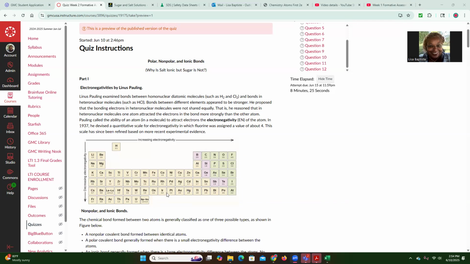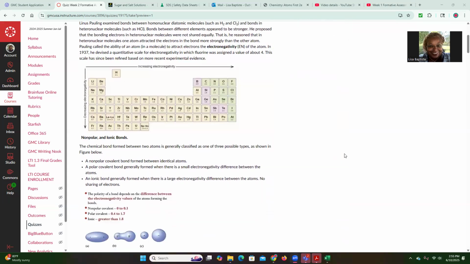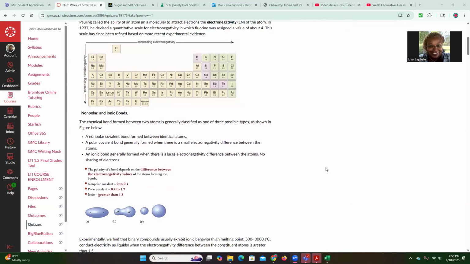Metals tend to have lower numbers because metals like to donate their electrons. Nonmetals have higher numbers because they like to gain electrons. And then our semimetals or metalloids in the middle are somewhere in between the metals and the nonmetals. But these numbers are what you'll need to do the calculations for the electronegativity differences.